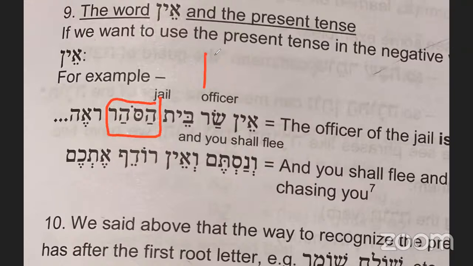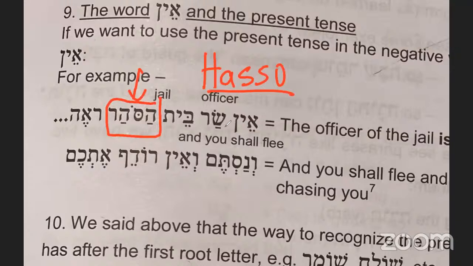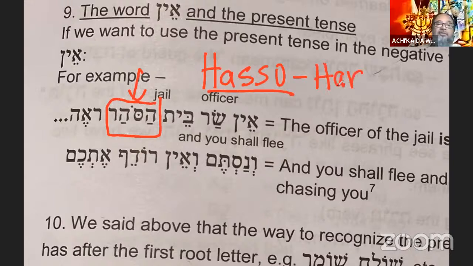Ha. Okay, and I've got the dot in there, so it means two of them. Two S's and an O at the top. So it would be hassohar. Okay, so ayin sar bayit hassohar.